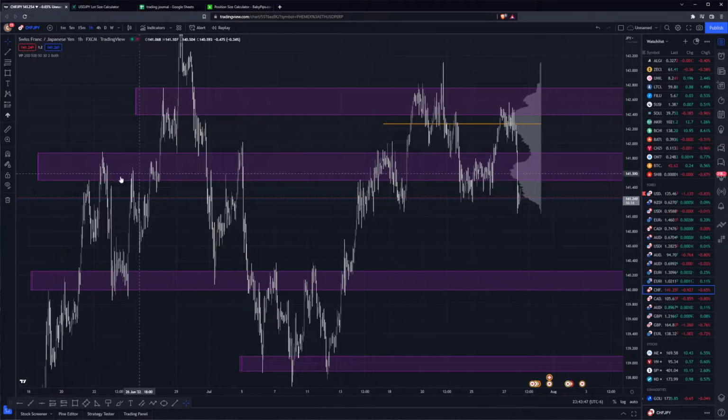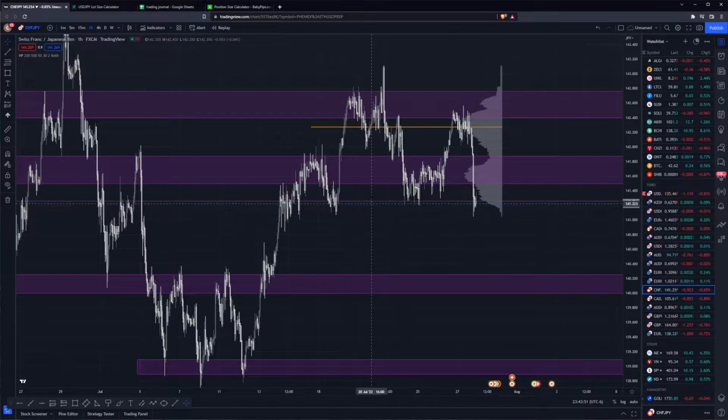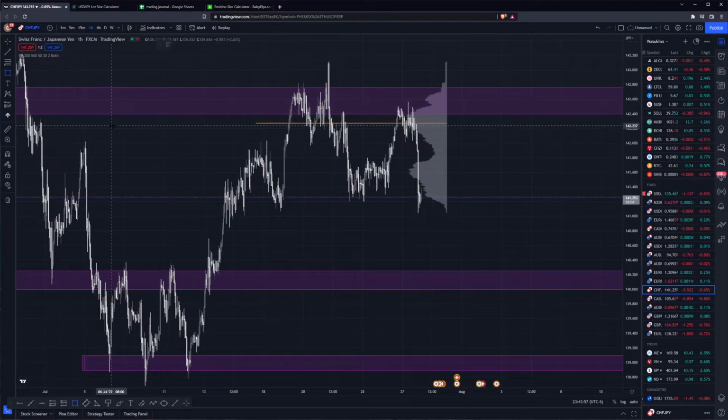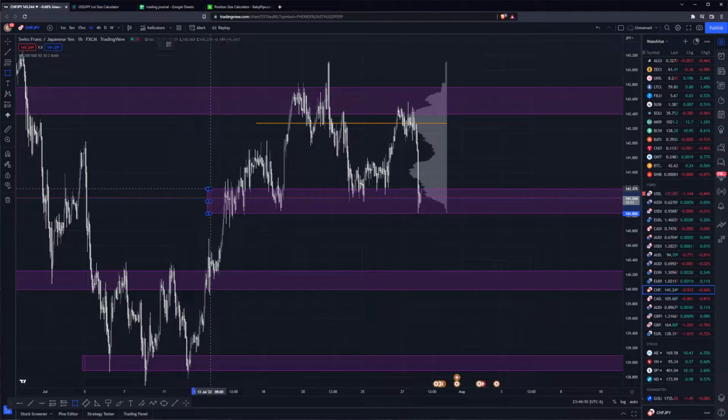So you can see here, this zone's starting to lose its potency, I guess you could say. Probably take this one off. And when that starts to happen, sometimes I'll look at the more immediate price action and just draw a zone based on that, because we have a pretty clear support right around here.